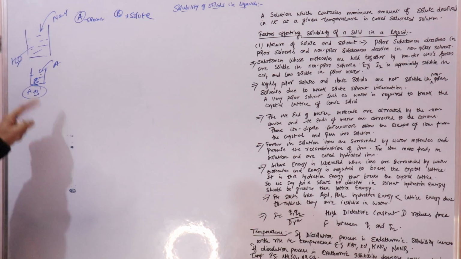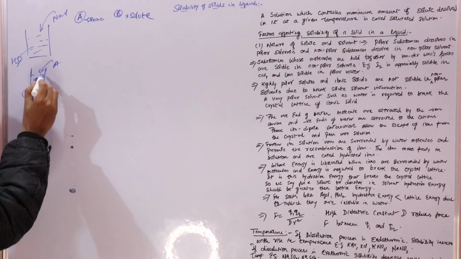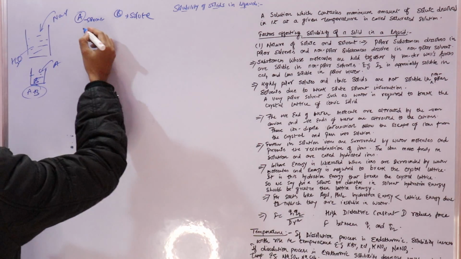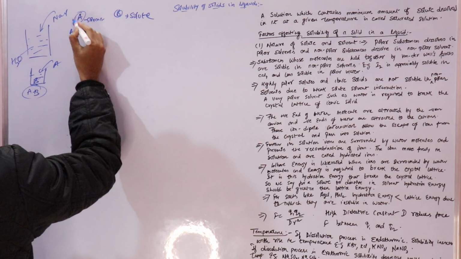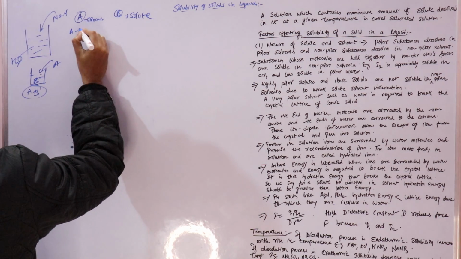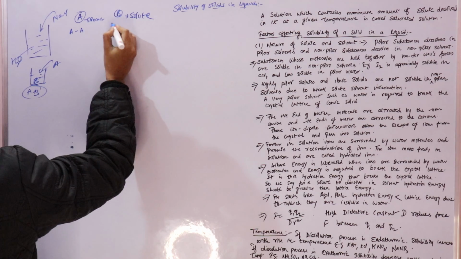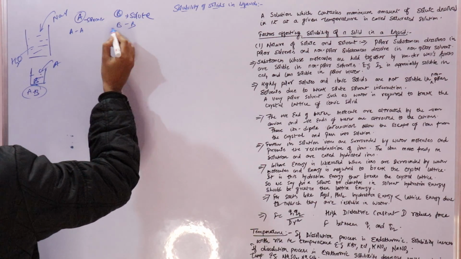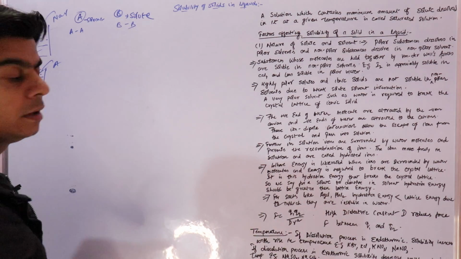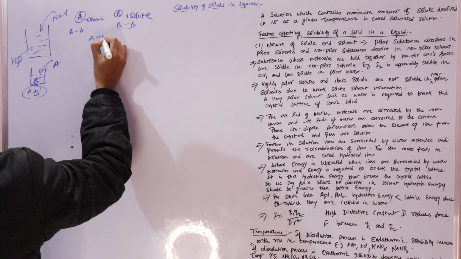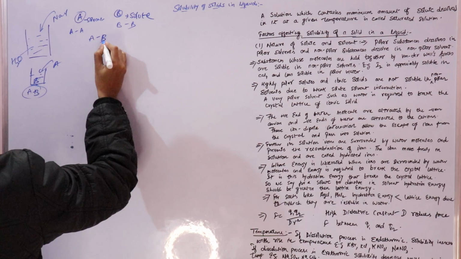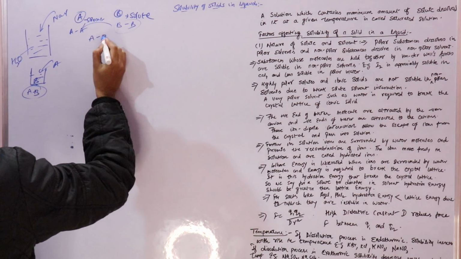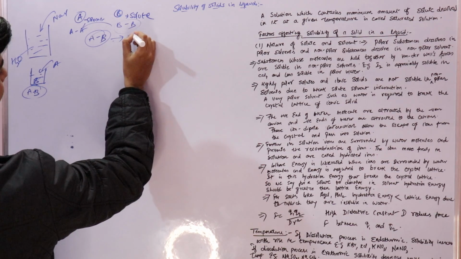So how many types of interactions do we have in this solution that consists of A and B? We have solvent in it, so AA interactions would be there. We have solute in it, so BB interactions would be there. And since A mixes with B, we have a third kind of interaction, which is AB. For any solute to dissolve in a solvent, this AB interaction should be maximum.